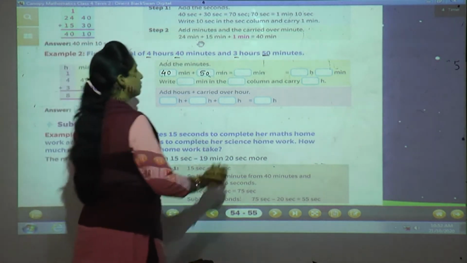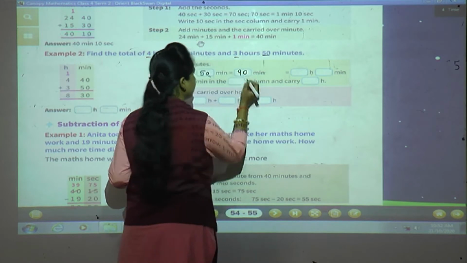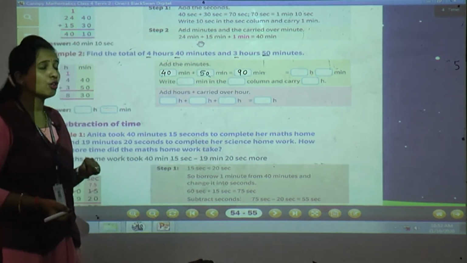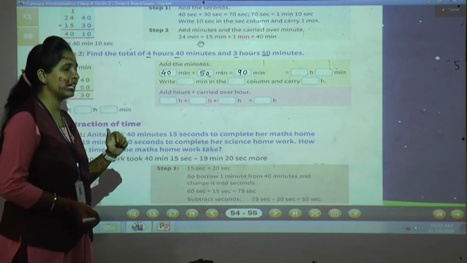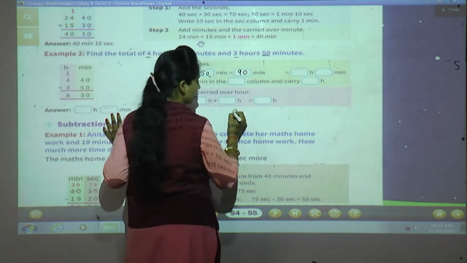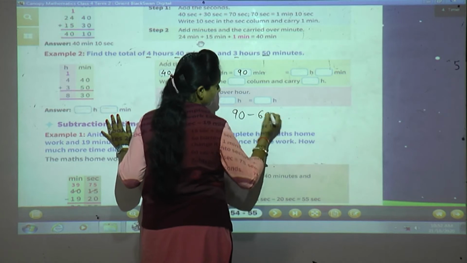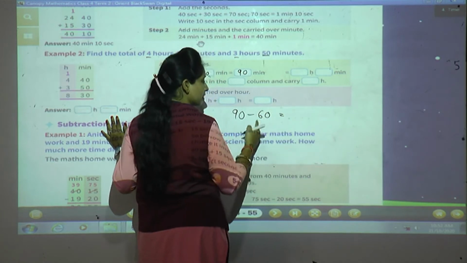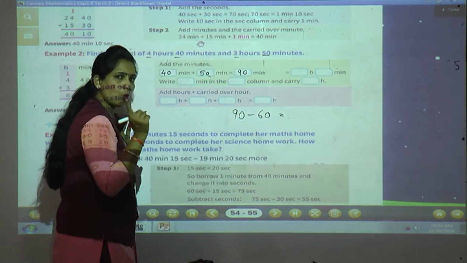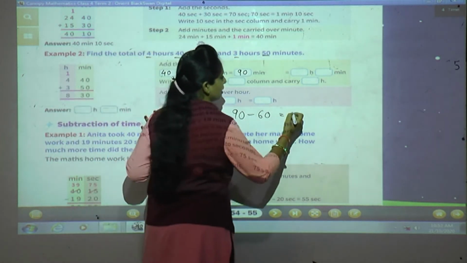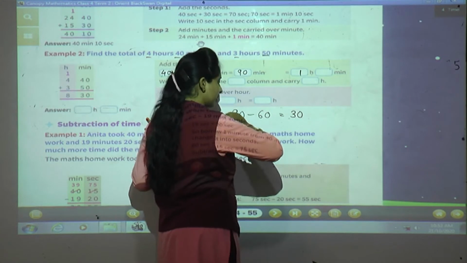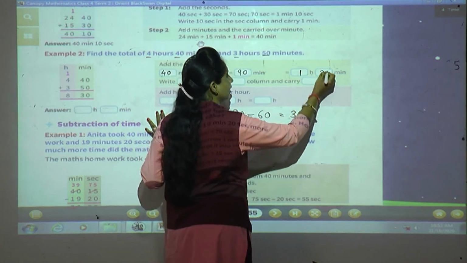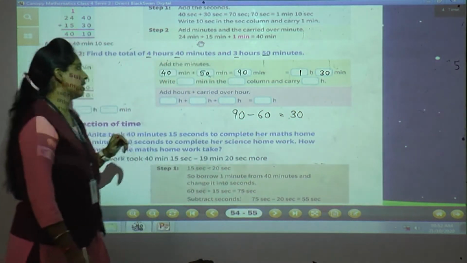So 40 plus 50 is 90 minutes, isn't it? So how many hours and minutes are there in 90? See, 60 minutes is equal to 1 hour. So when we subtract 60, we get 30, which means in 90 minutes we have 1 hour and 30 minutes, isn't it?